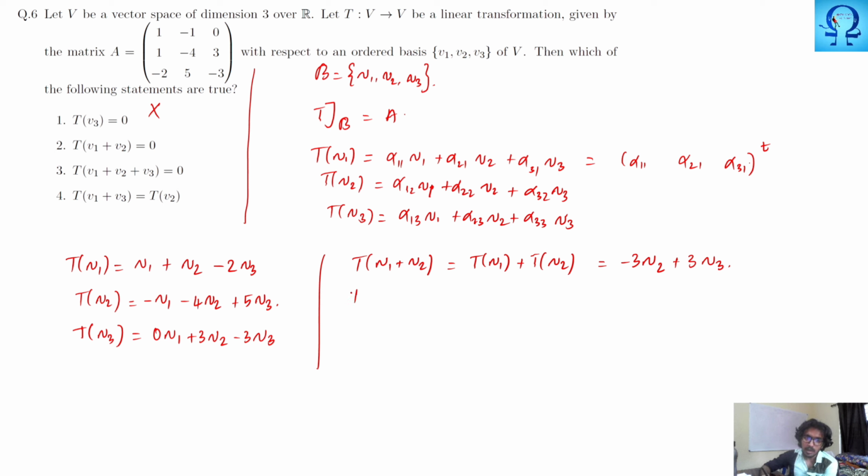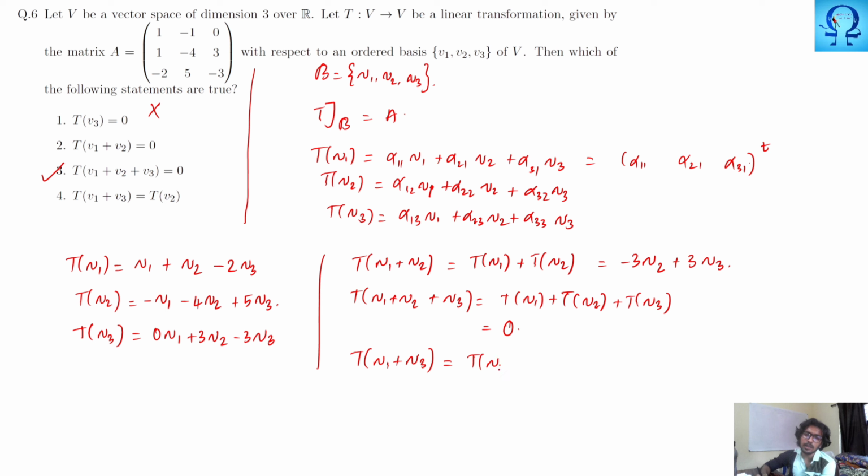And T of v1 plus v2 plus v3 is nothing but T of v1 plus T of v2 plus T of v3. So you just add these things, 0, 0, again 0, so option 3 is true.